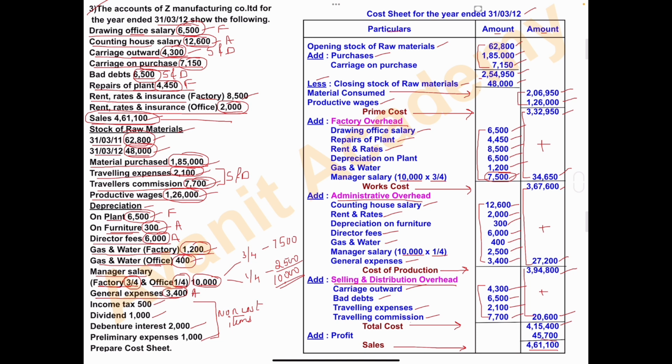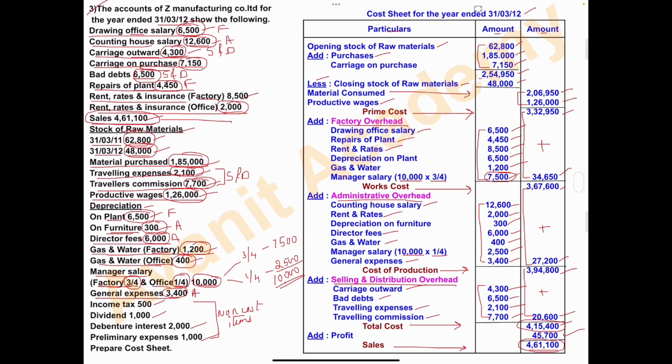From this 4,61,100 minus 4,15,400. Okay, if we want the profit amount, what do we have to do? We have to subtract the total cost amount from the sales amount. So from 4,61,100, subtract the amount 4,15,400, and the difference amount is 45,700.